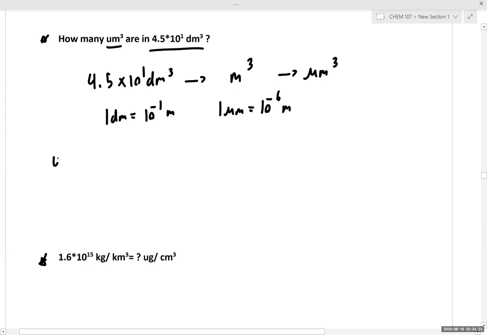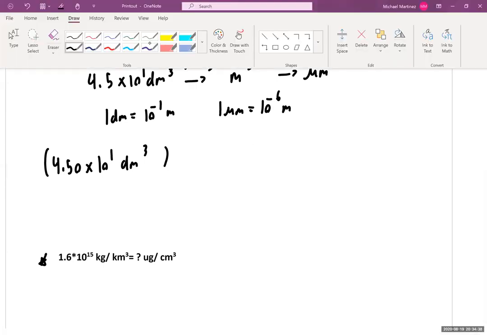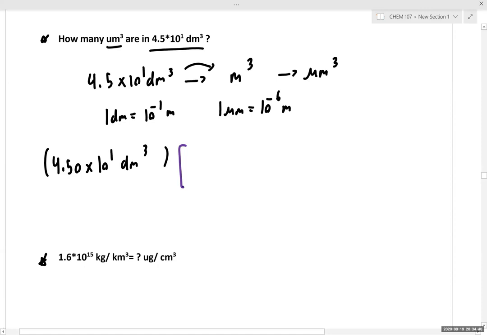Okay, so starting off with 4.50 times 10 to the first decimeter cubed, if we're going from decimeter to meter, we need what units on top? Meter, yep. So we have 10 to the negative first meter per decimeter. Now, since we have decimeter cubed, we need to multiply by our conversion factor 3 times.